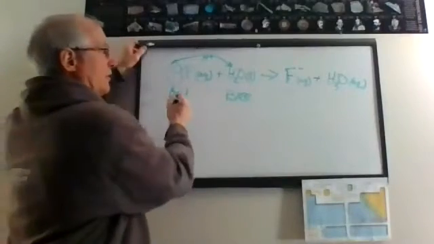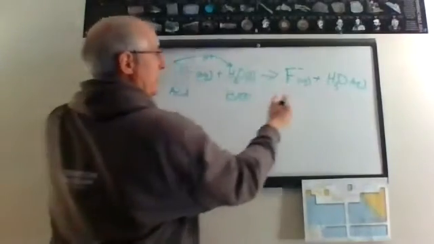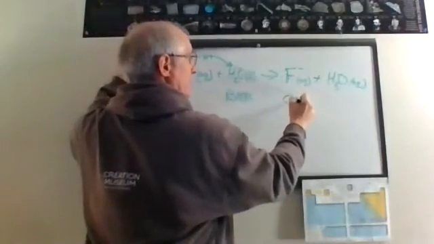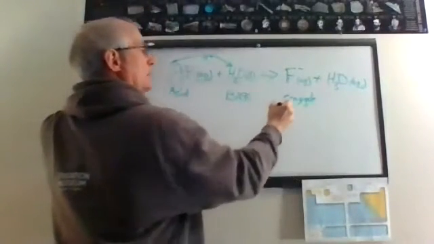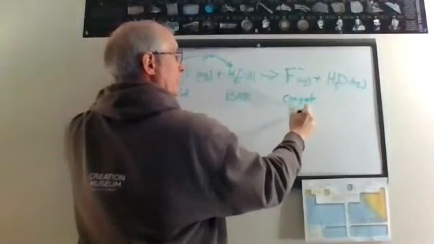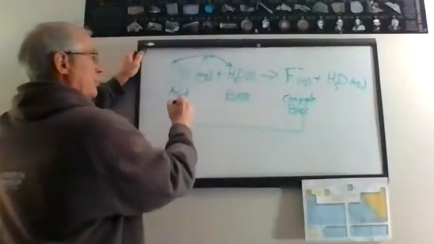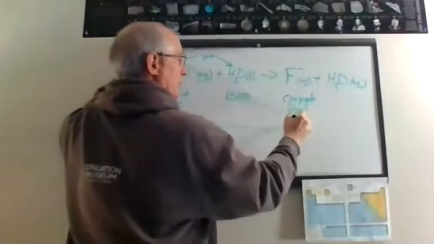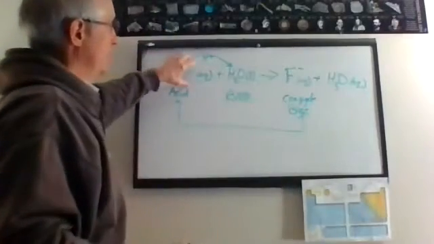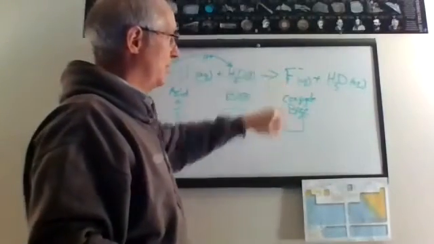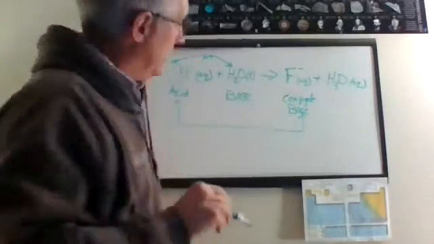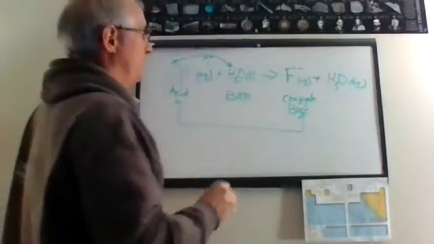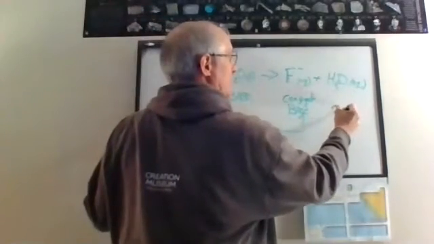If this is an acid, then what's left behind is called a conjugate base. And those two are a married couple. This is what you start with, that's what you finish with. Now, if this is a base, then this will be a conjugate acid.